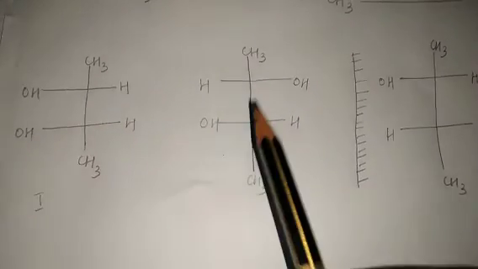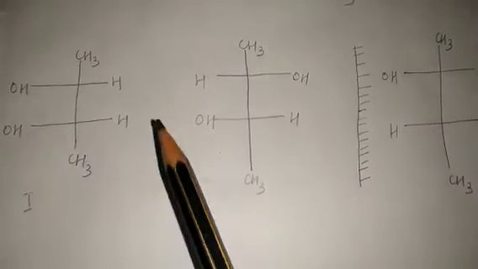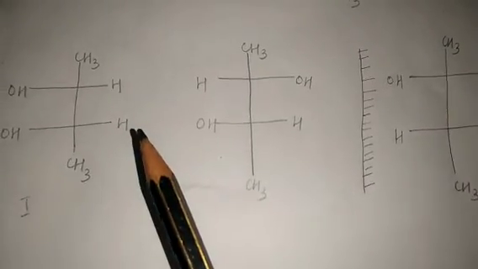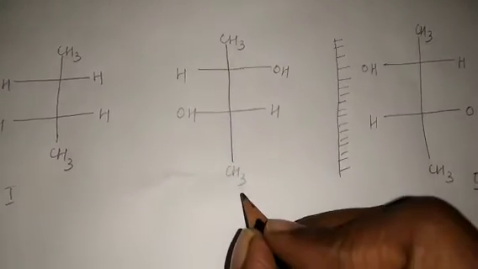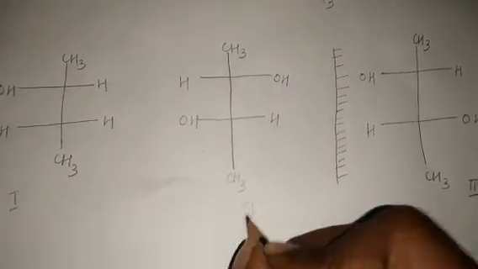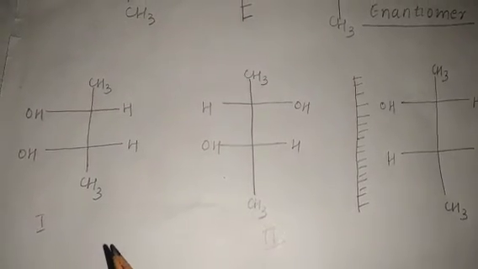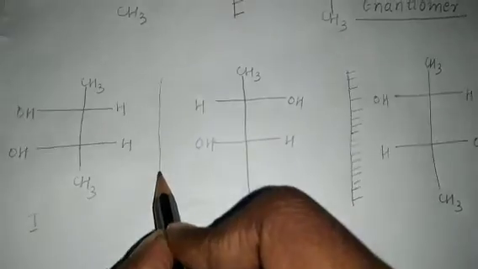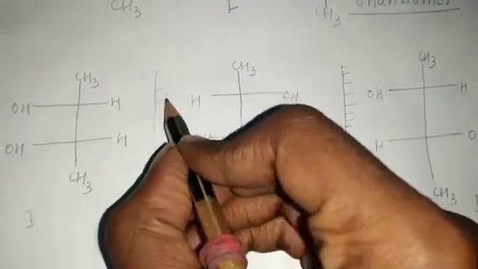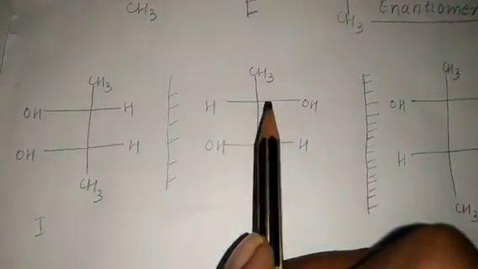Now I have changed it into the trans form, but we can see if we place the mirror, does it produce a mirror image? We have to see whether it produces a mirror image or not. But it does not produce a mirror image. If we put a mirror here in the middle, we can see the H and OH part will be the same.